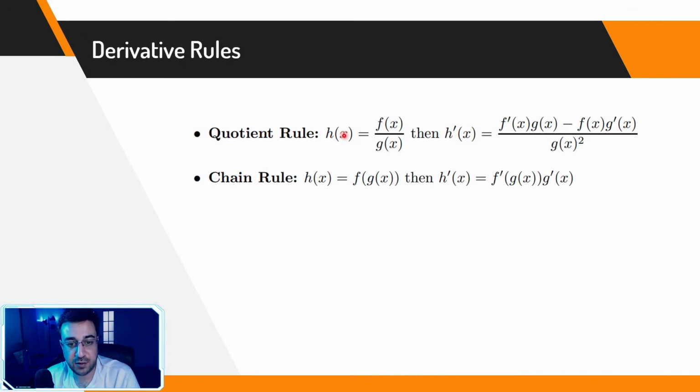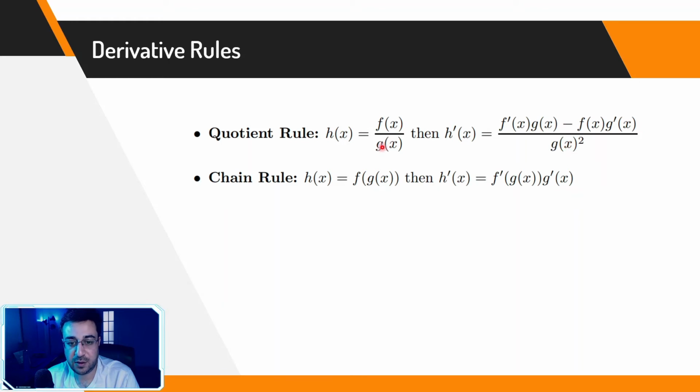If you have a function h of x consisting of two functions divided by each other, f of x and g of x, then h prime of x equals the denominator derivative multiplied by the denominator without derivative minus the denominator multiplied by the denominator derivative, over the denominator squared.